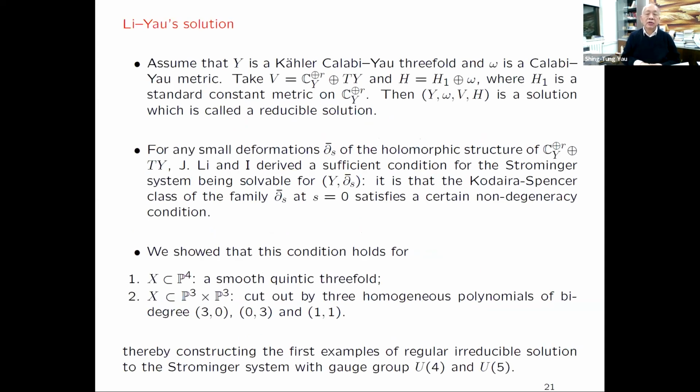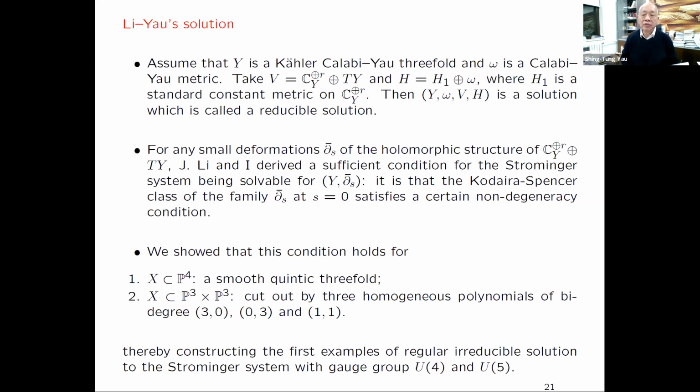Well, then it's interesting that we can do a simple thing, and this thing turns out to be not so simple after you look into it. Namely, take a three-dimensional Calabi-Yau manifold, and I get a Calabi-Yau metric. I take a trivial bundle added to the tangent bundle. So I take r copies of the trivial line bundle, and I take a trivial constant metric on the trivial bundle.